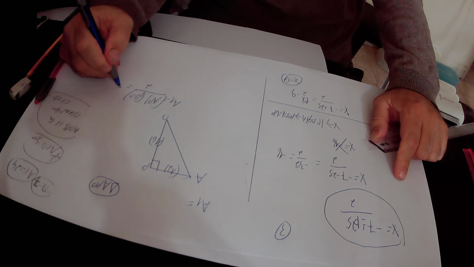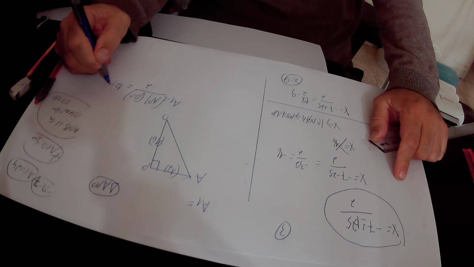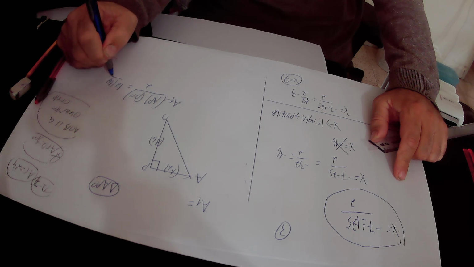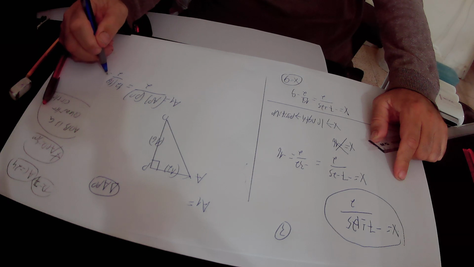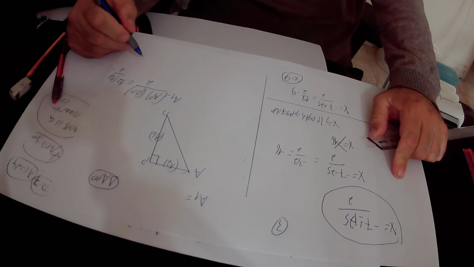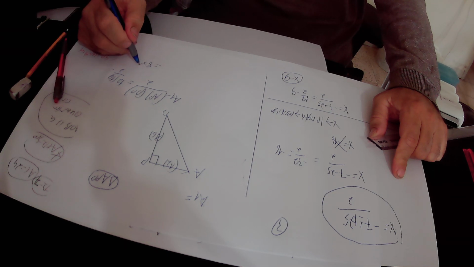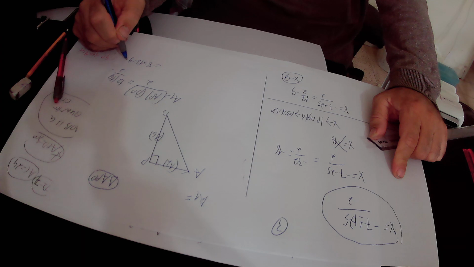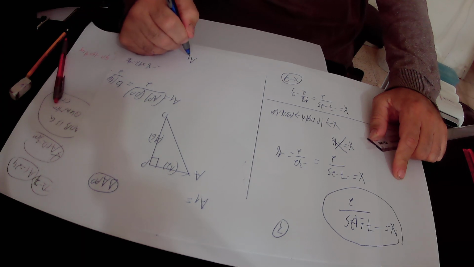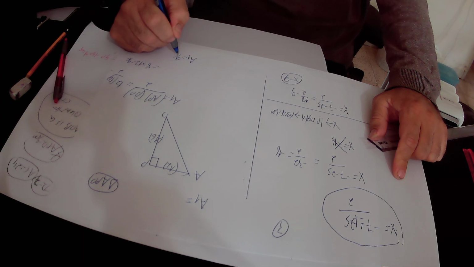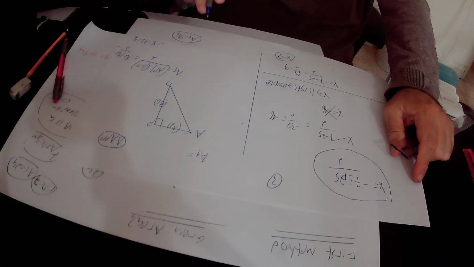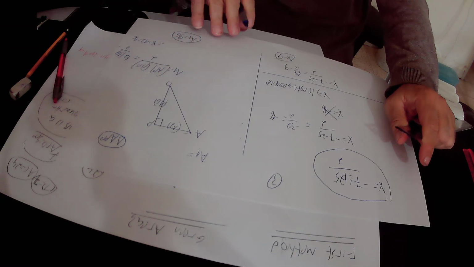So AP is 12, PO is 16, over 2. 16 over 2 is 8, so in total this expression equals 8 times 12. 8 times 12 is 96. So in conclusion, we found that A1 equals 96 square units. This is the area A1, the area of the right triangle APO.